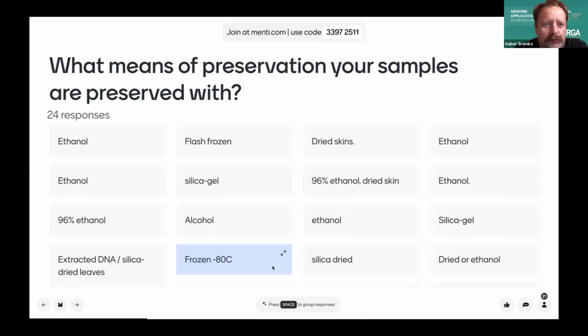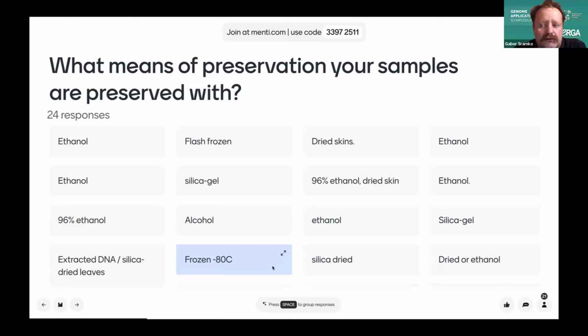So I'm coming from the plant world, and in plants, silica gel is the standard way. But we tried with some butterflies. We also tried with fin clips from fish, and it worked very nicely and yielded very good DNA, comparable to ethanol. And in some cases, ethanol is very difficult to transport and carry.